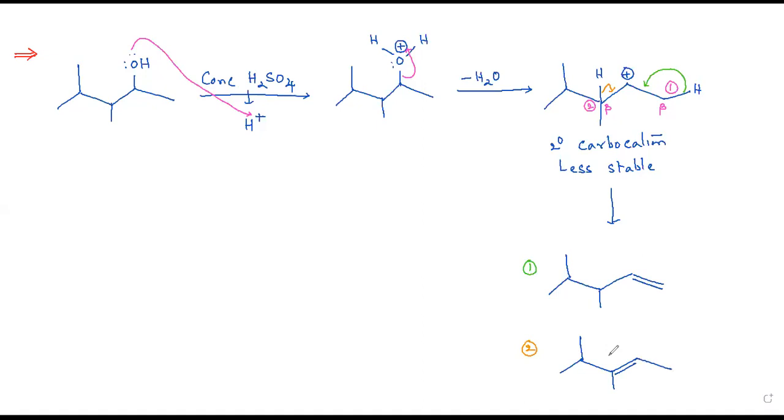See the difference. These are the two things what we get. We'll see what the major product is later. But see, before going for the rearrangement, we get these two products.